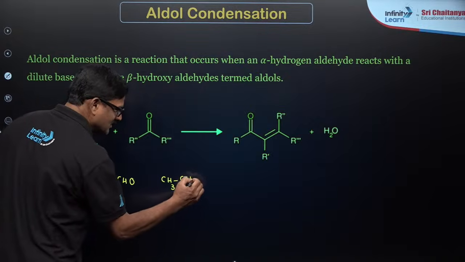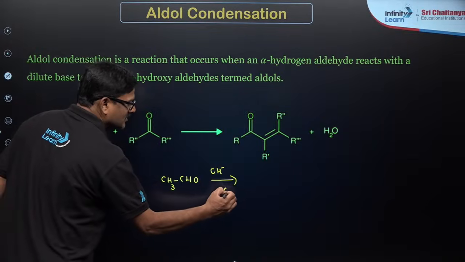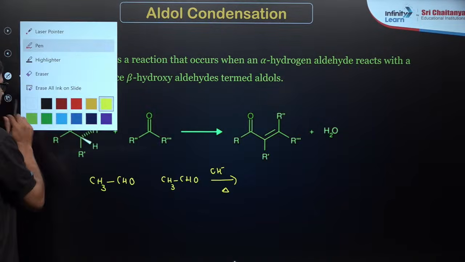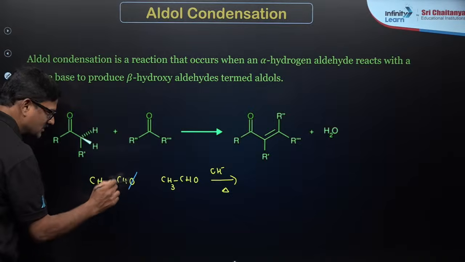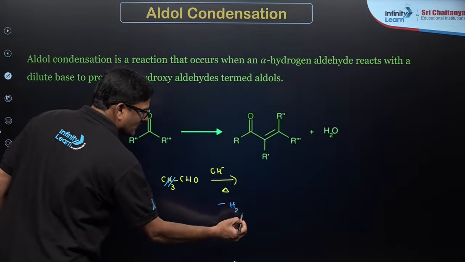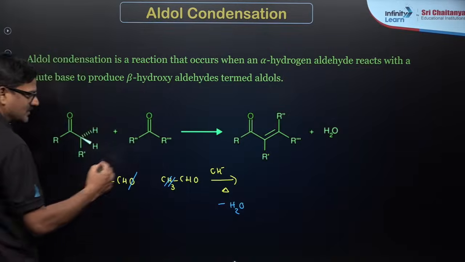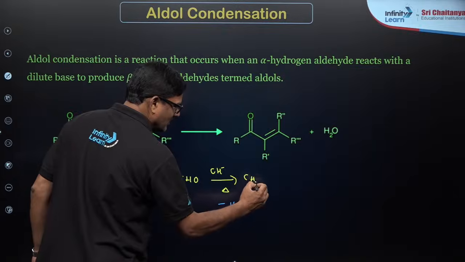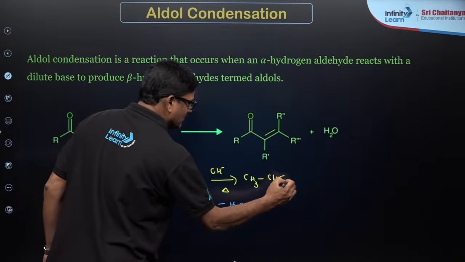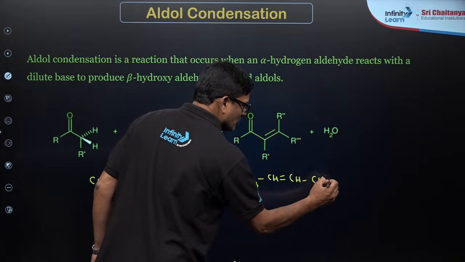In the presence of OH and heat, you remove the OH and the hydrogen as a water molecule and make a double bond over here, so that you see CH3, CH double bond CH, and CHO.